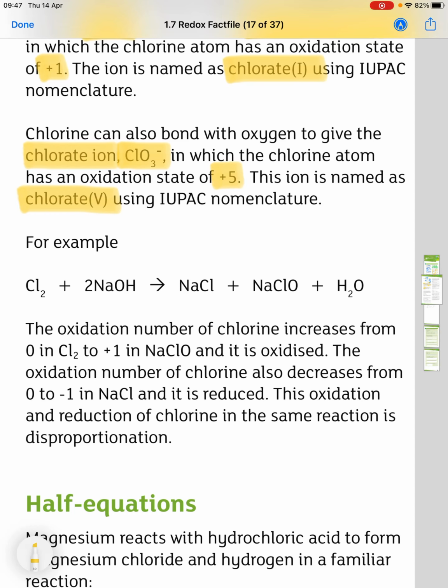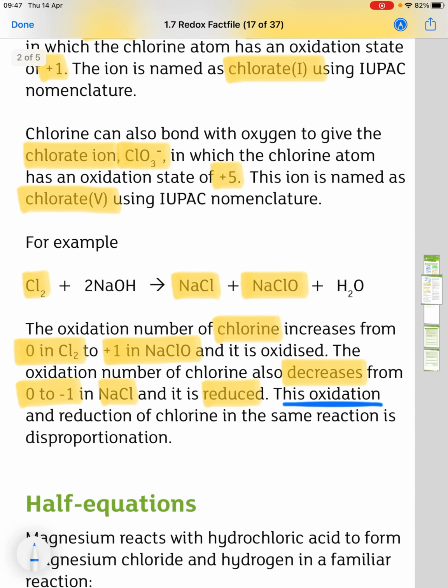Now here's an example of chlorine and sodium hydroxide giving us sodium chloride, sodium chlorate and water. And in here the oxidation number of chlorine increases from 0 in Cl2 to +1 in the chlorate, so it's oxidized. The oxidation number of chlorine also decreases from 0 to -1 in sodium chloride, so it's reduced.